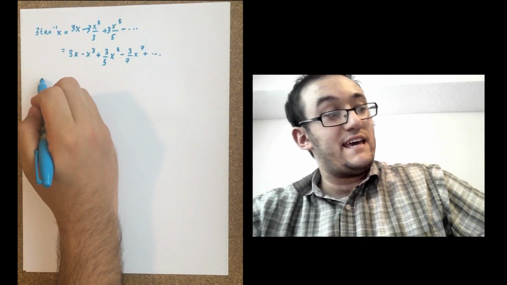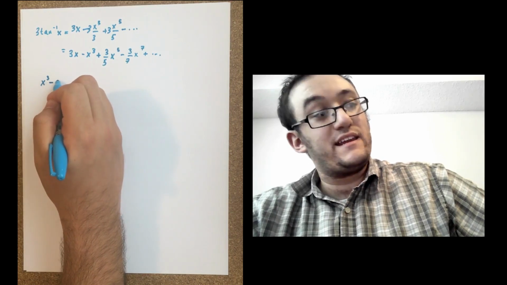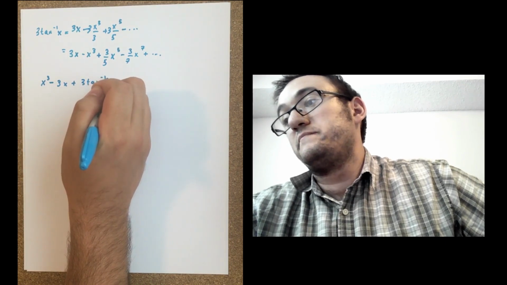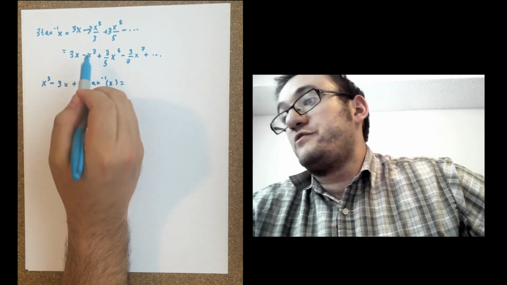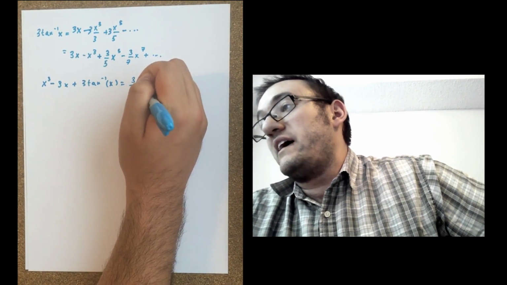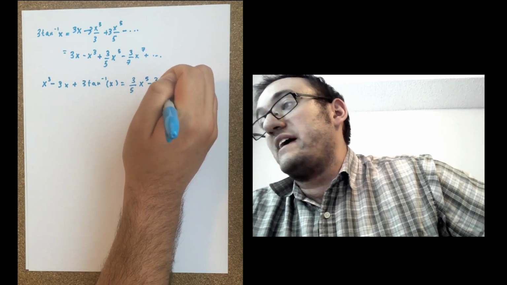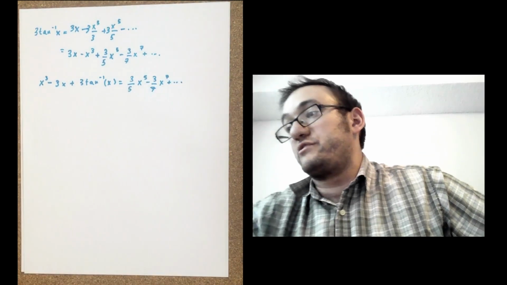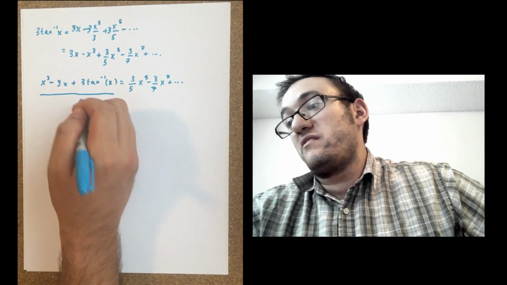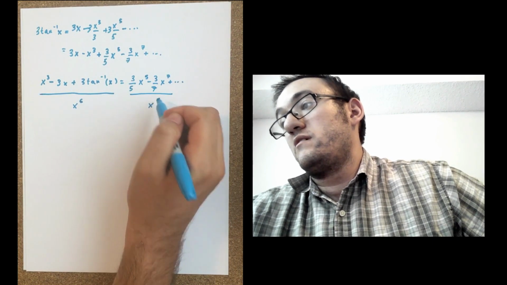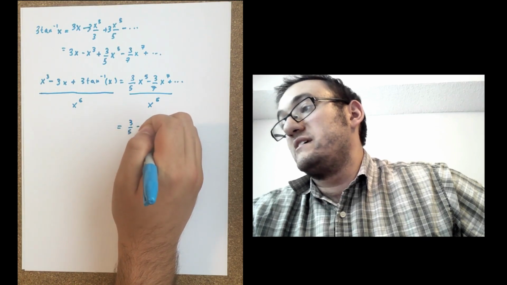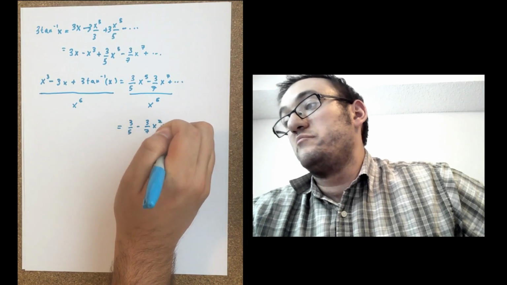Okay? When I take x cubed minus 3x plus 3 arctangent of x, well, those first two terms cancel. So we'll get 3/5 x to the 5th minus 3/7 x to the 7th plus higher order terms. And then dividing this by x to the 5th gives 3/5 minus 3/7 x squared plus higher order terms.